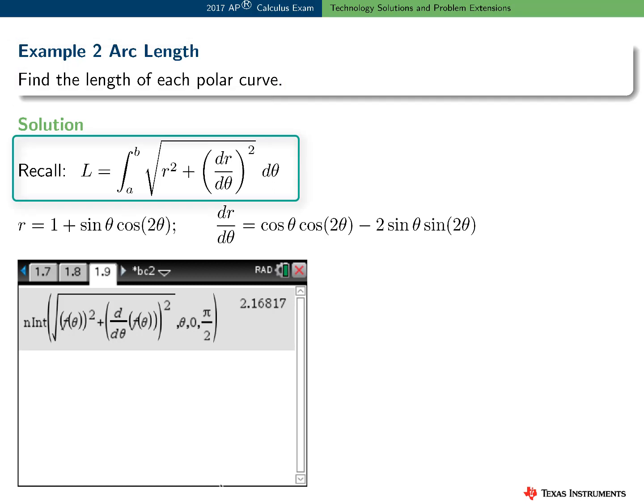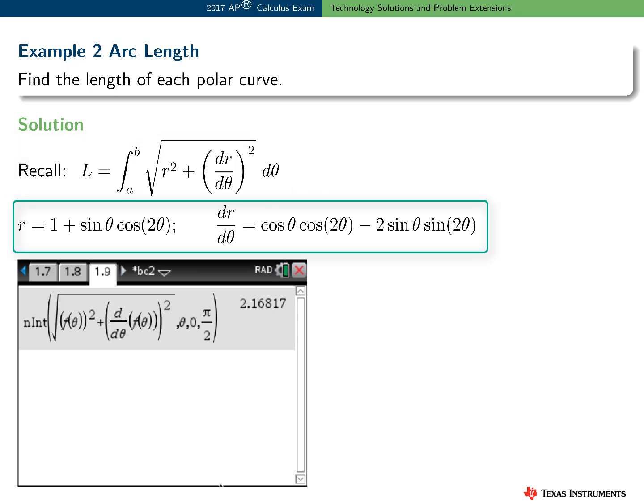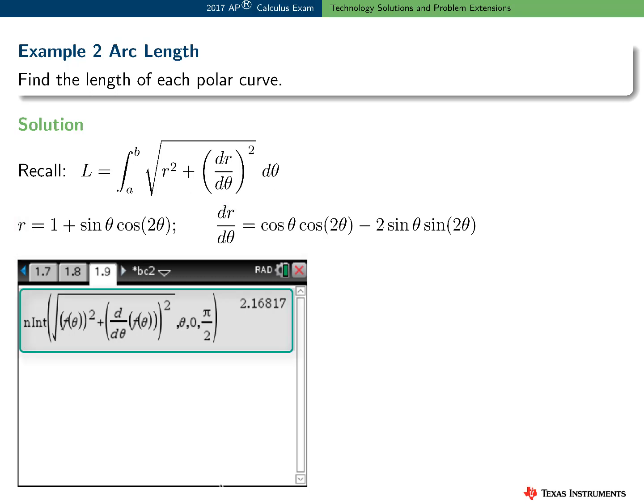First, recall the formula for the length of a curve described by a polar equation. I have the expression for r, and I can find dr d theta. But I don't think I can find the symbolic antiderivative in the expression for L. So using technology, the length of the polar curve described by r equal f of theta is 2.168.